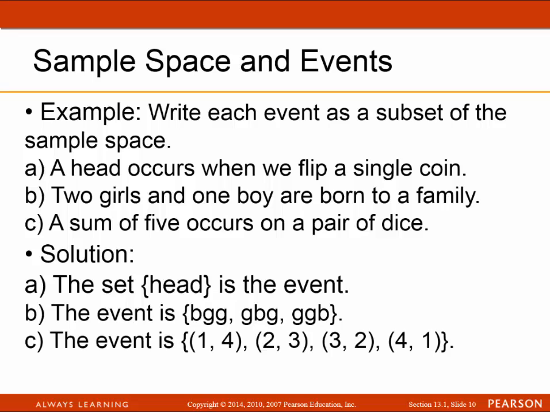And then the last one is the event is 1, 4, 2, 3, 3, 2, and 4, 1. And actually, for the first one, if I flip a single coin, you would think that it would have to be heads, tails, but we're looking for a specific event, a specific outcome, and that's why it's just head.